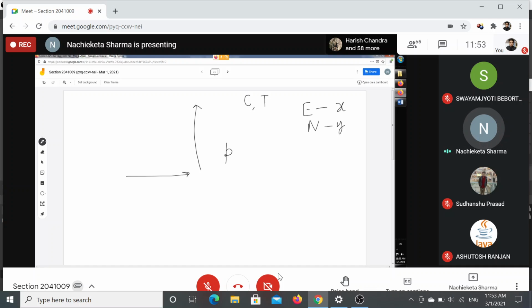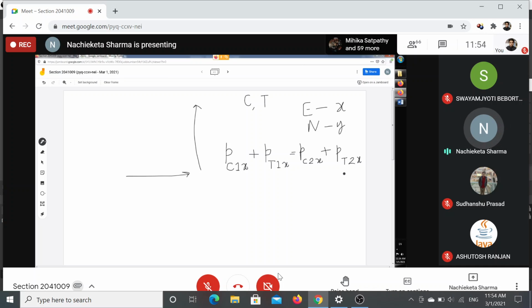Initial momentum of the car along X plus initial momentum of the truck along X is equal to final momentum of the car along X plus final momentum of the truck along X. Okay, this is one part of the equation.